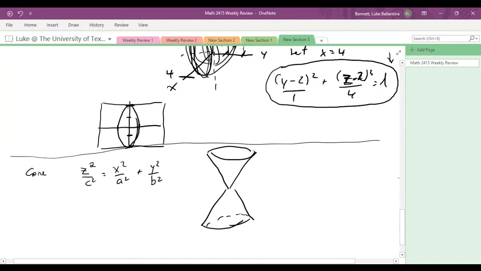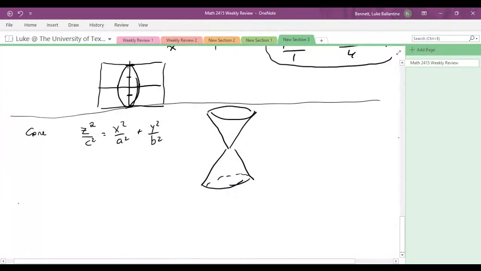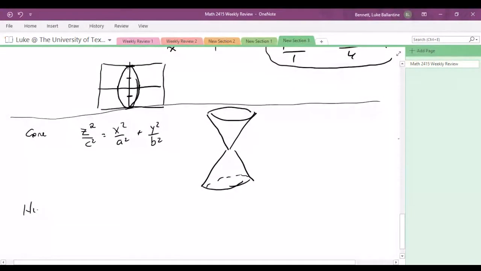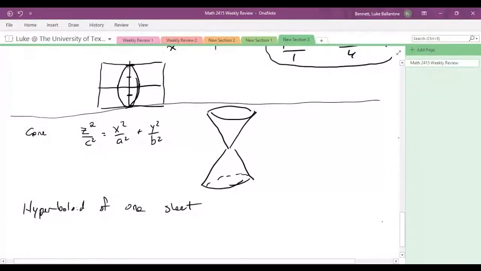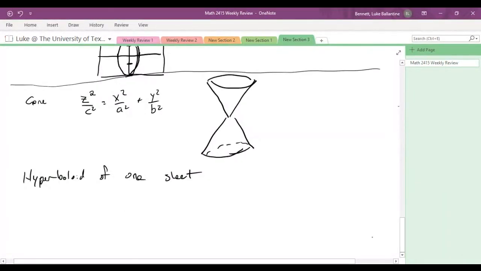Now we got hyperboloids. Let's see. We got hyperboloid of one sheet. So hyperboloid of one sheet, the equation looks like an ellipsoid, except we have one minus.